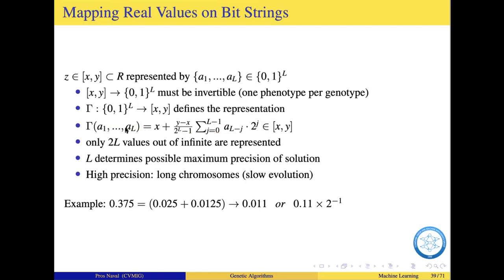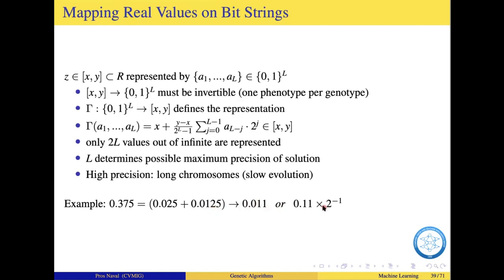representation. So L here determines the possible maximum precision of your solution. If you want high precision, you need long chromosomes, which means many bits. However, we know that if you have long chromosomes, the evolution would be slow. So for example, to represent 0.375, you can represent that as 0.25 plus 0.125.